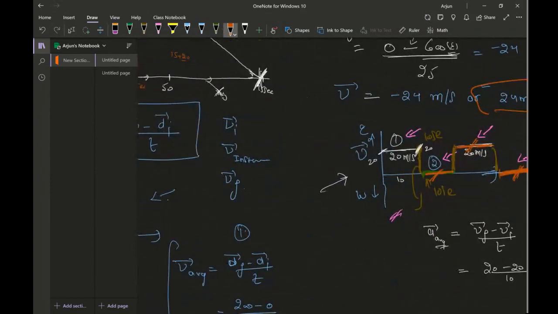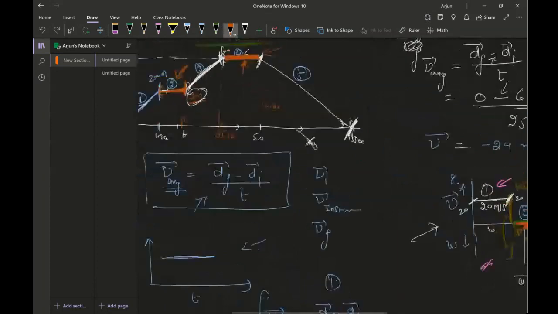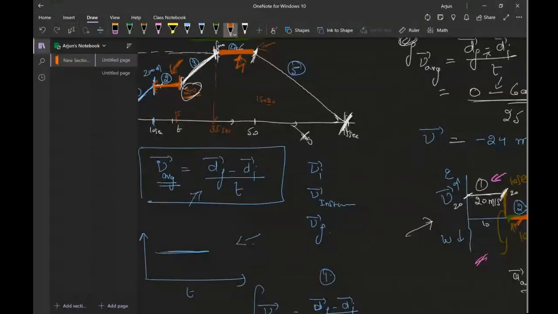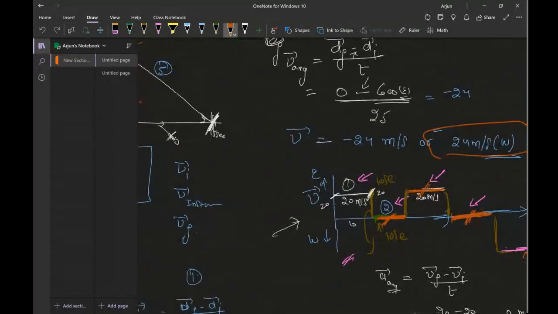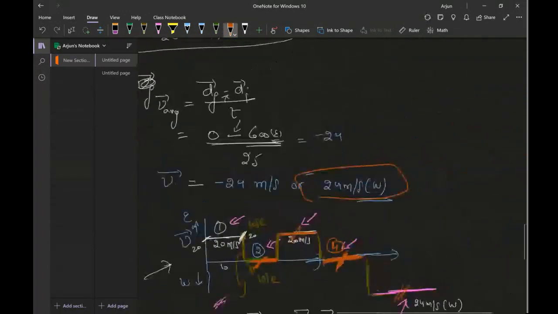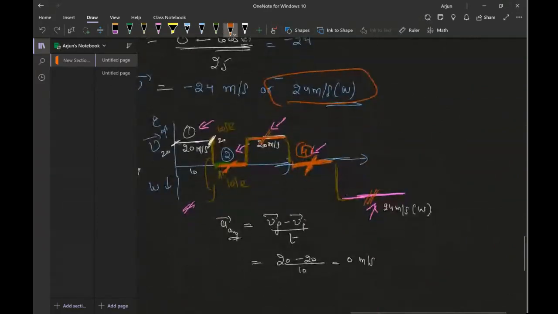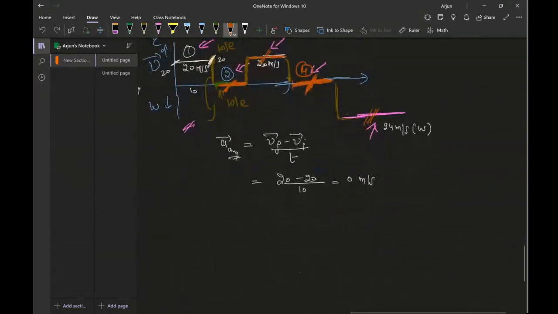It is on the axis. Whenever there was a horizontal line, for section 2 and for section 4, there was no graph. The same thing happened when there was a horizontal line for acceleration. Wherever there is a horizontal line, there is no graph.